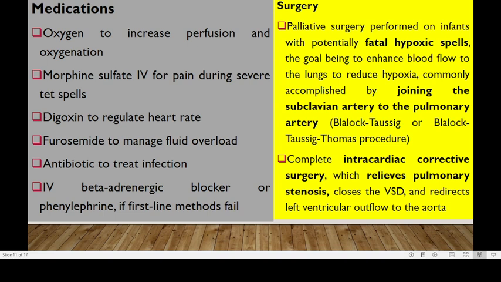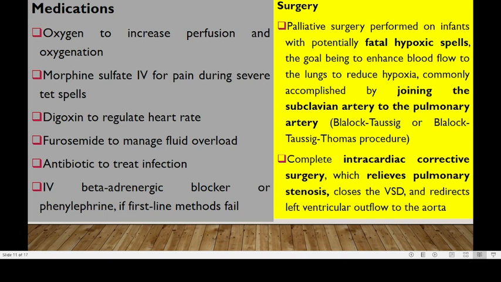For surgery, you could do palliative surgery on infants with potentially fatal hypoxic spells, the goal being to enhance blood flow to the lungs and to reduce hypoxia.